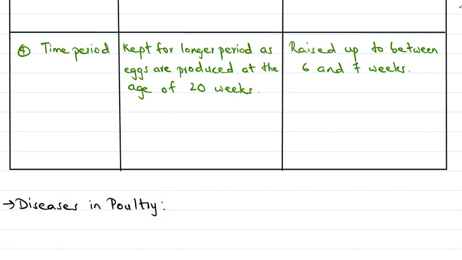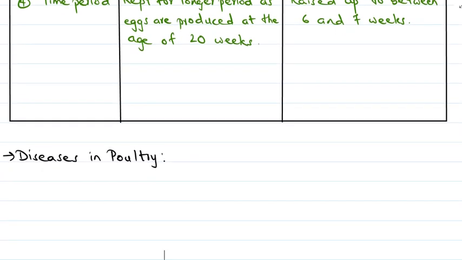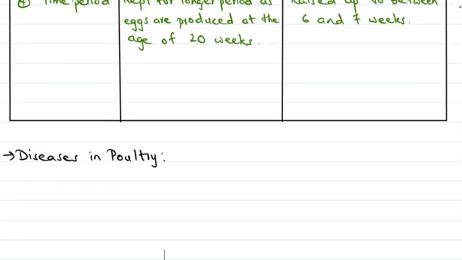Okay. So let's see what are the different and common diseases occurring in poultry. So the poultry fowl suffer from a number of diseases, and these diseases can be caused by viruses, bacteria, fungi, parasites, etc.